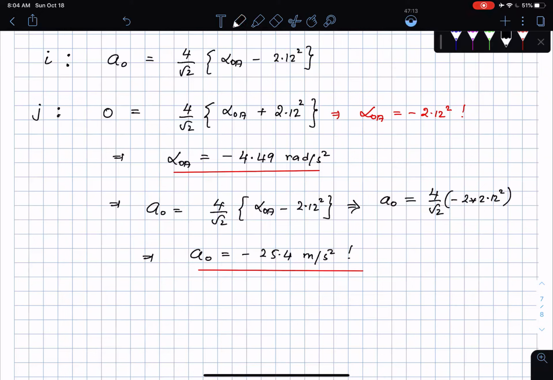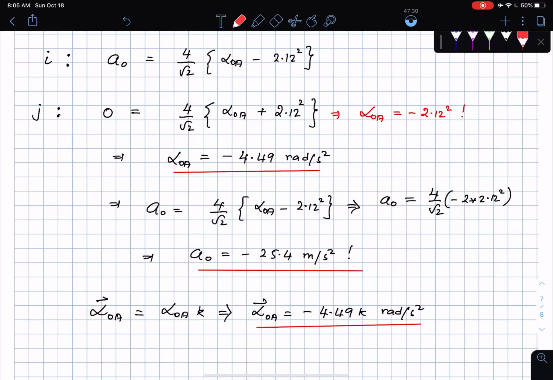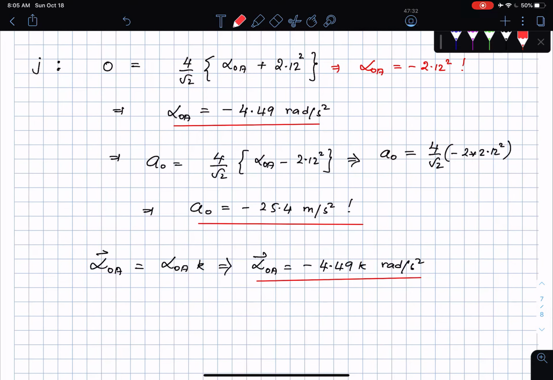Okay, so nice thing is I can now write alpha OA, which was assumed to be alpha OA K, is now going to be minus 4.49 K radians per second square. You see, I did not know the direction to begin with. Now I'm told that this is actually clockwise and not counterclockwise.